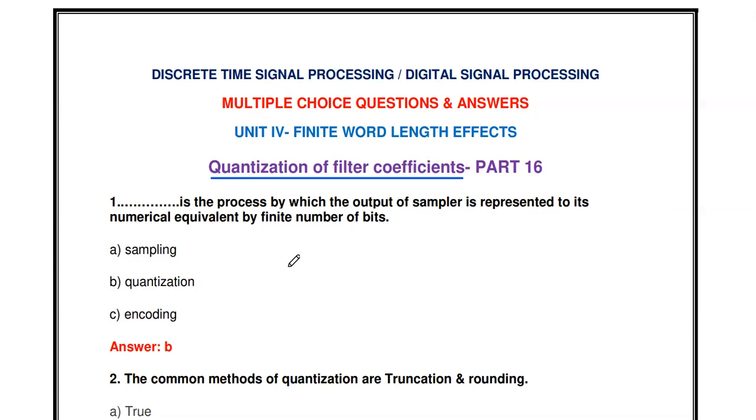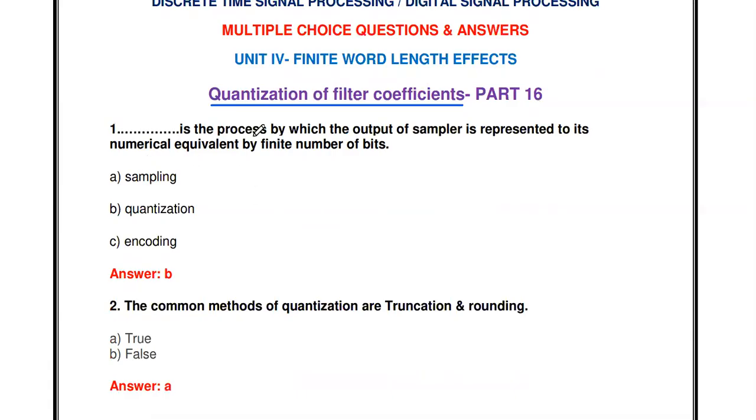The first question: dash is the process by which the output of the sampler is represented to its numerical equivalent by a finite number of bits. Options: sampling, quantization, encoding.